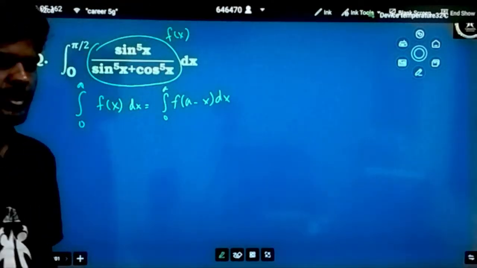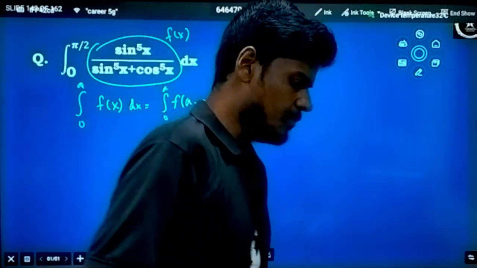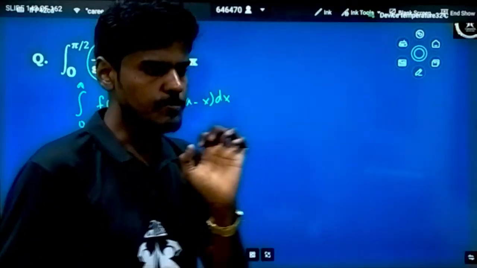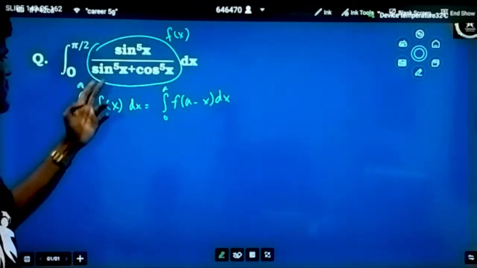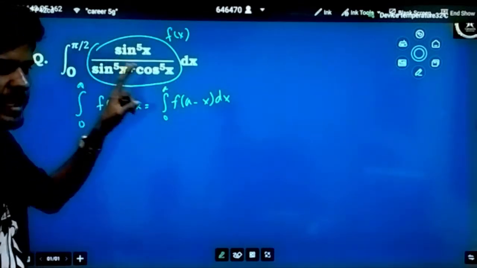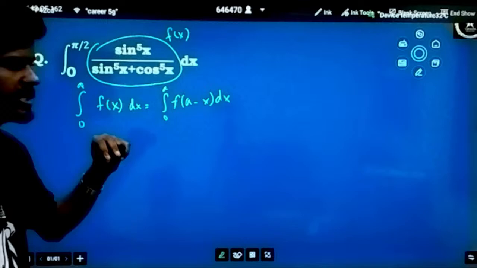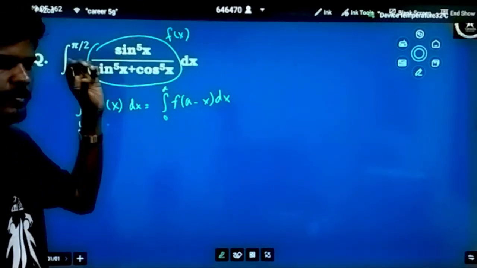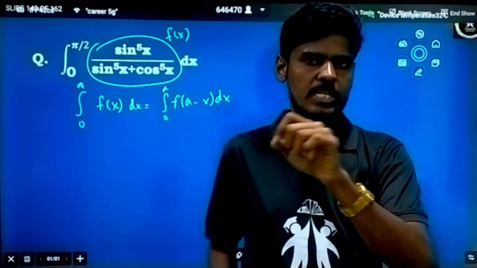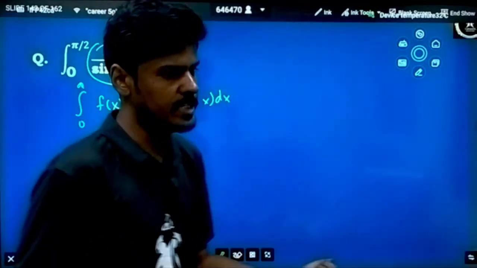This is a very important property, students. And when do we apply this type of property? We apply these properties by observing that when we change f of x into f of a minus x or f of a plus b minus x, for both these properties, then when we add these two, that is the critical step. It is not just about changing f of x to f of a minus x.